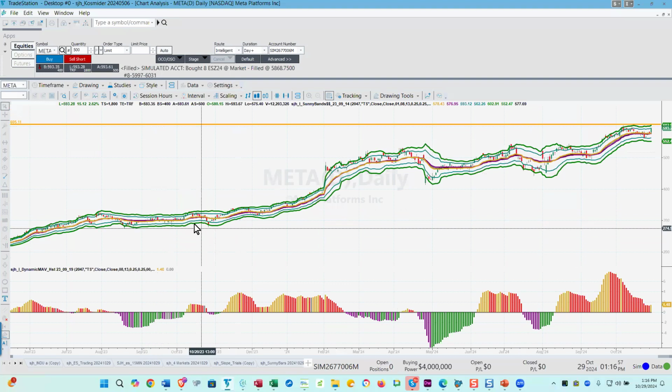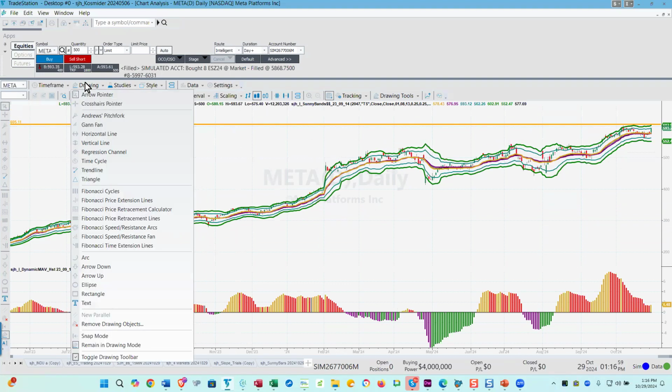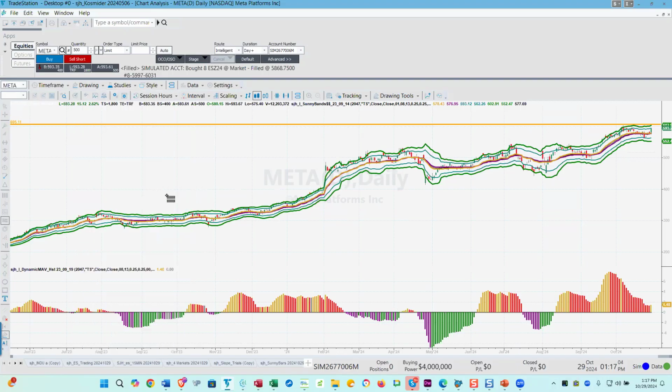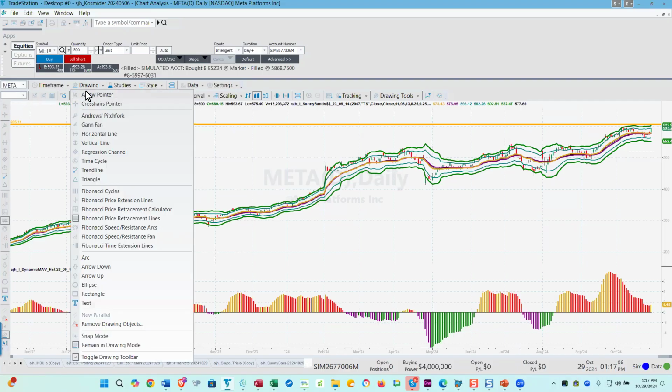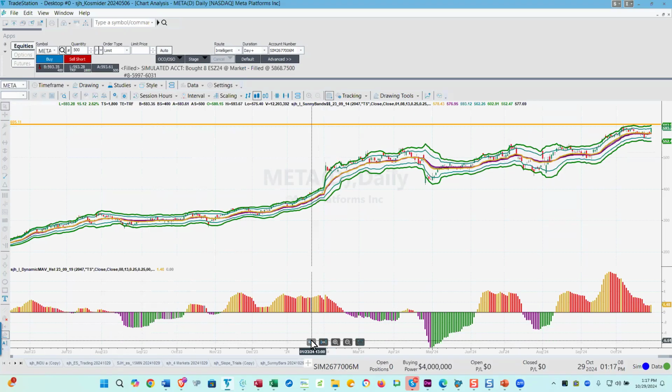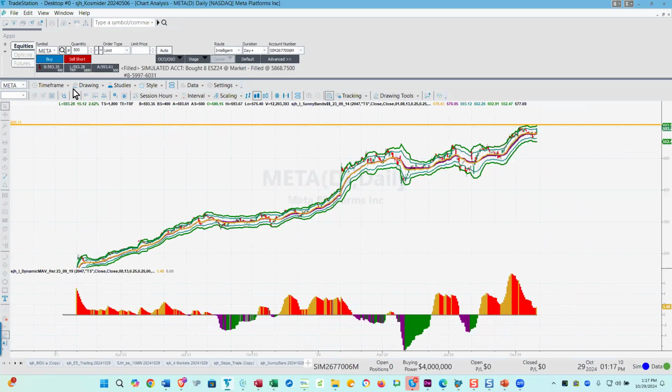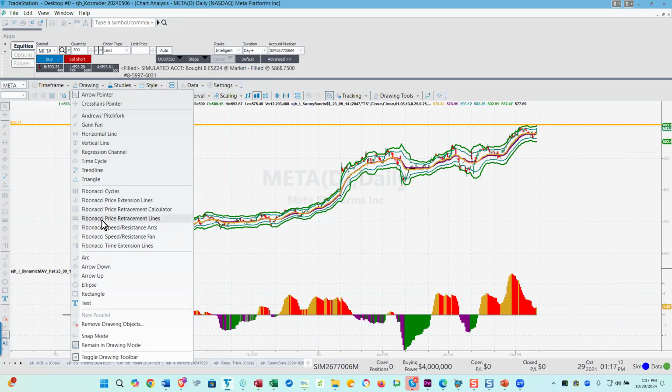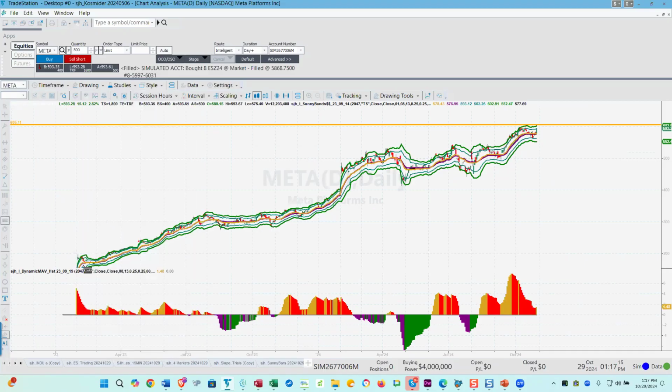You want to see Fibonacci on it? Type yes if you want Fibonacci. Well, let's see. Let's not do that first. Let's squeeze it up a little bit, and we'll do Fibonacci that way. We're just going to take it from the low of the chart.